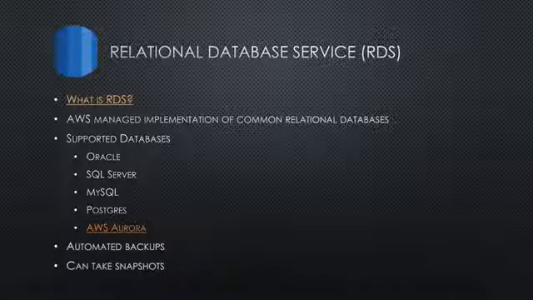For local secondary indexes, you must have the same partition key as the table, but can have a different sort key. So when I create a table, I might have a partition key of ID and a sort key of date time.